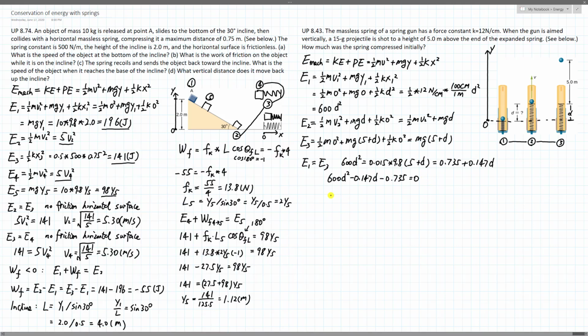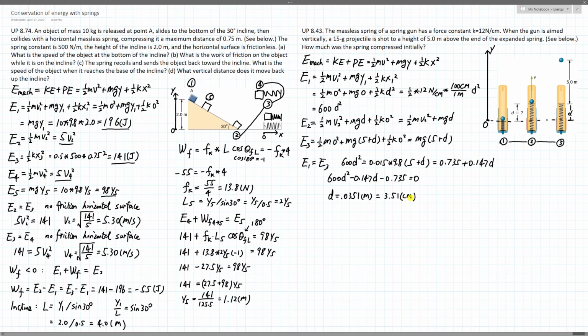So d equals 0.0351 meters, or if you want centimeters, 3.51 centimeters.